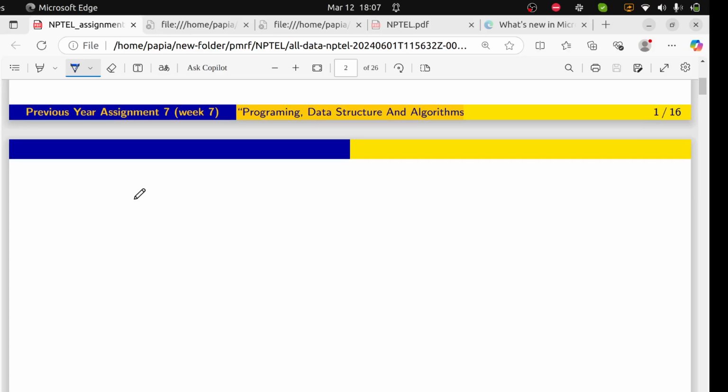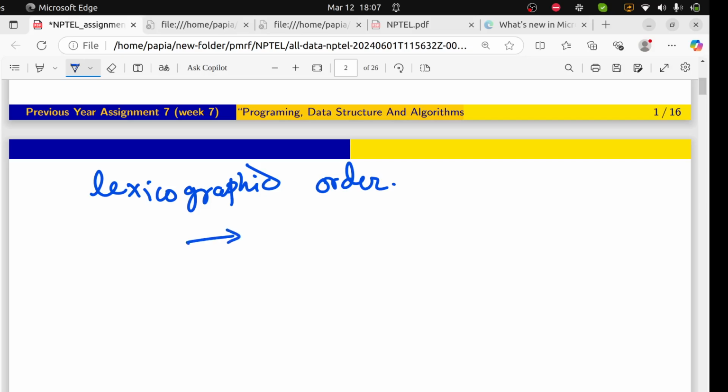For this lexicographic order thing, in the previous year question, there was something like F, A, G. There is a little bit big string, and they are asking what will be the next permutation in lexicographic order, I mean, one permutation after another, what will be the lexicographic order of this word?